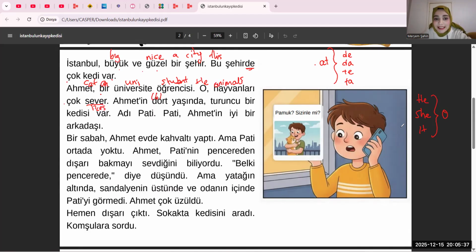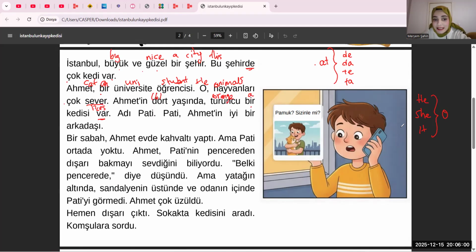Yaşında, yaş means years old. Ahmet'in 4 yaşında, 4 years old. Turuncu is the color orange. 1 kedi, cat, var. Again, look, we see var. So Ahmet has a cat which is 4 years old and orange.